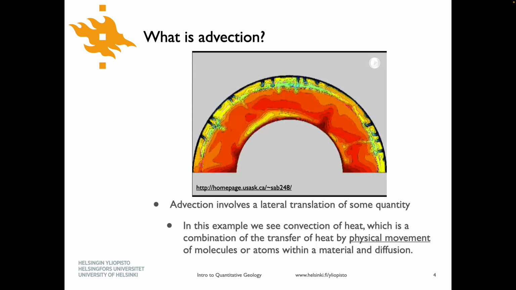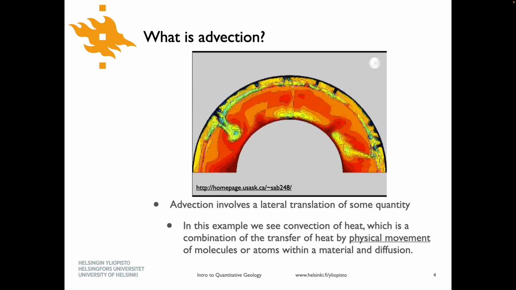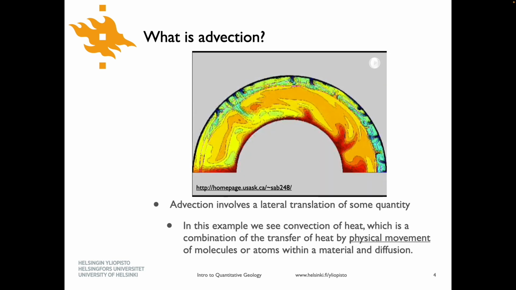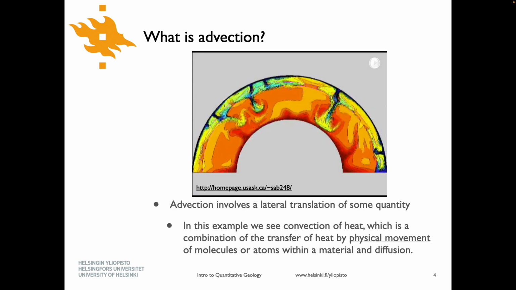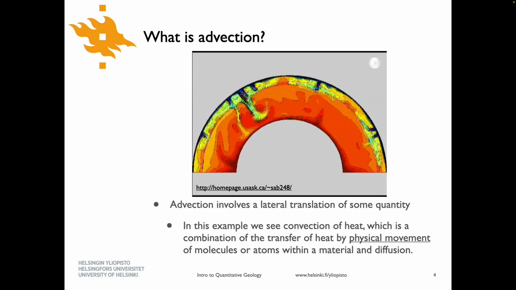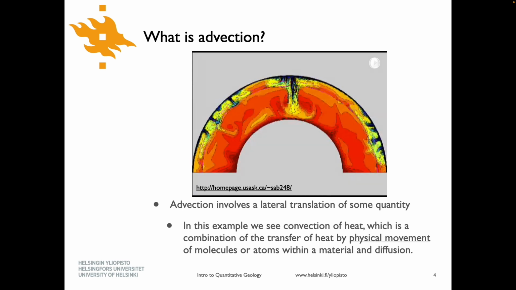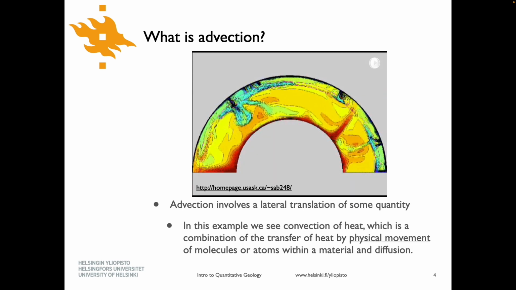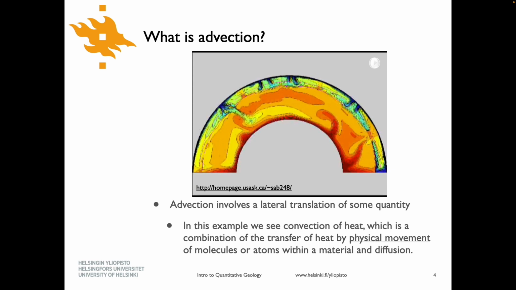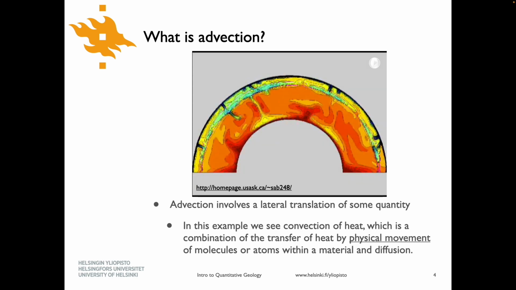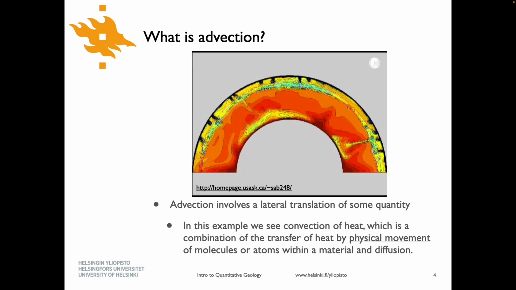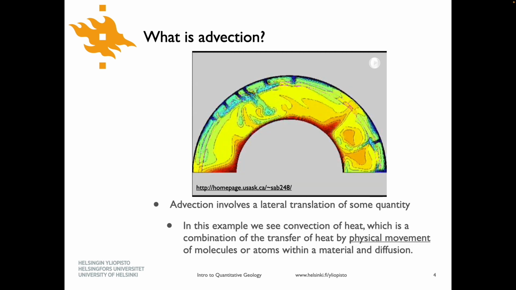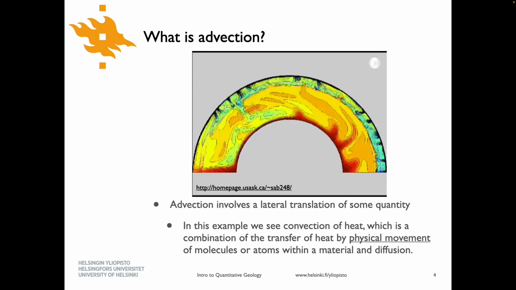So you start to cool once you've moved this warm rock up toward the surface, and the cooling takes place dominantly by diffusion or heat conduction. So when we talk about convection, and I'm sure the term, at least in terms of mantle convection, is somewhat familiar, convection is a combination of advection, which is the physical movement of the rock containing its heat, and the diffusion process, which is essentially the rock cooling or heating based on interaction with the surrounding material.